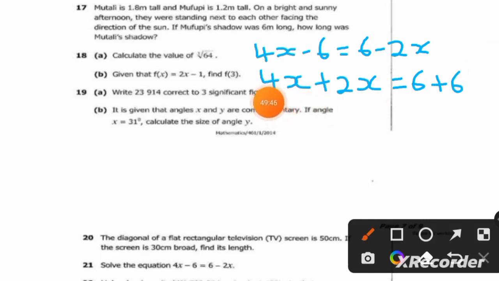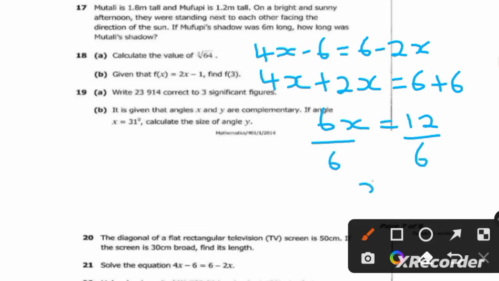So 4x plus 2x, we are going to have 6x. 6 plus 6 is equal to 12. Here divide by 6, even here divide by 6. The value of x is equal to 12 divided by 6 is equal to 2. The value of x is equal to 2.